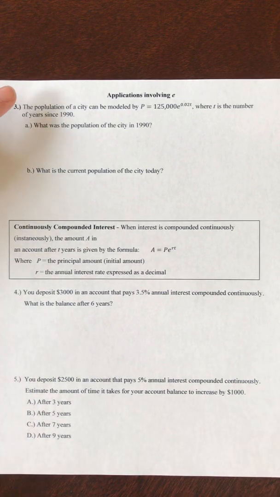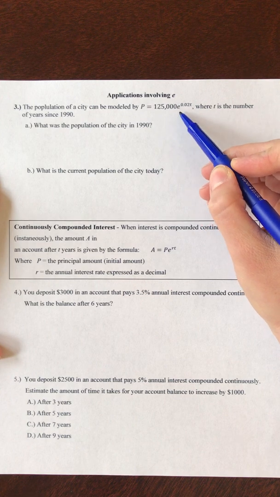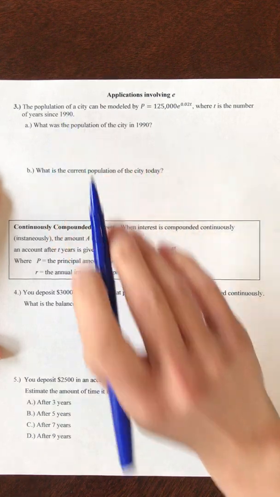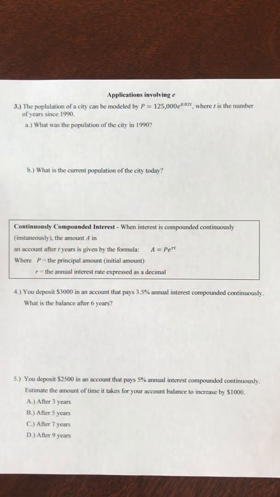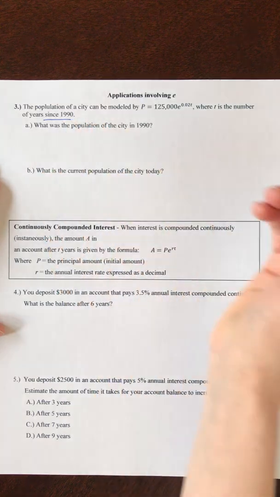Okay, all right, so applications involving e. So the population of a city can be modeled by the function p equals 125,000 e to the 0.02t, where t is the number of years since 1990. So if I wanted to know what's the population of the city in 1990, right, we're talking about time since 1990.